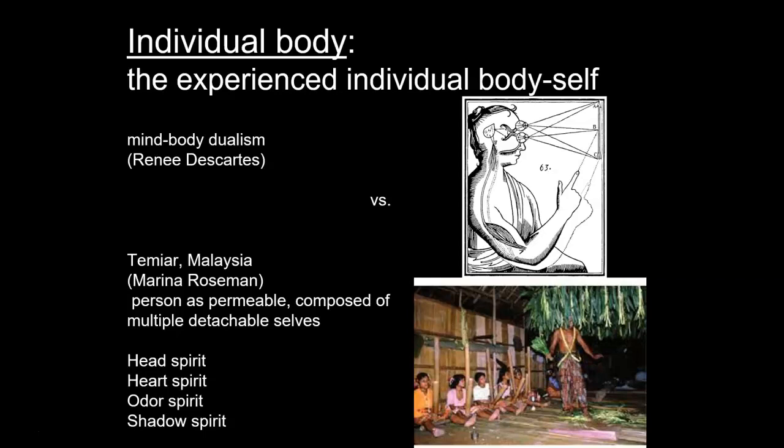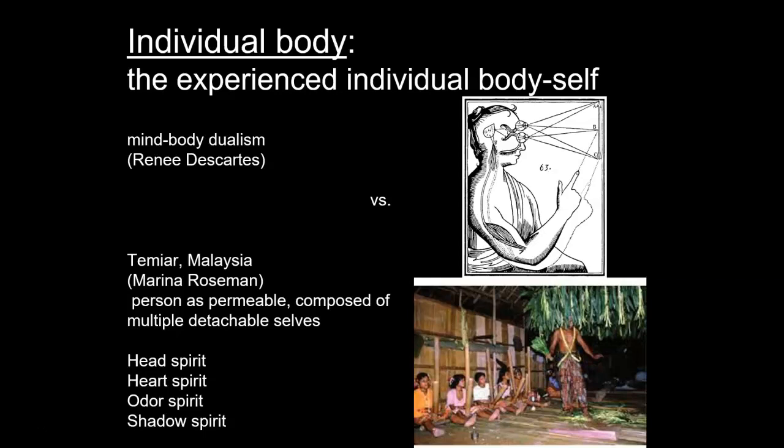And what Dr. Roseman found, or has found in her work, is that Temiar people have a very different conceptualization of what an individual person is and what the relationship between body and self is.